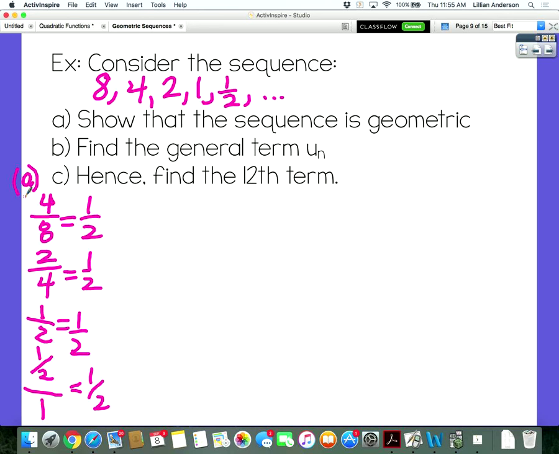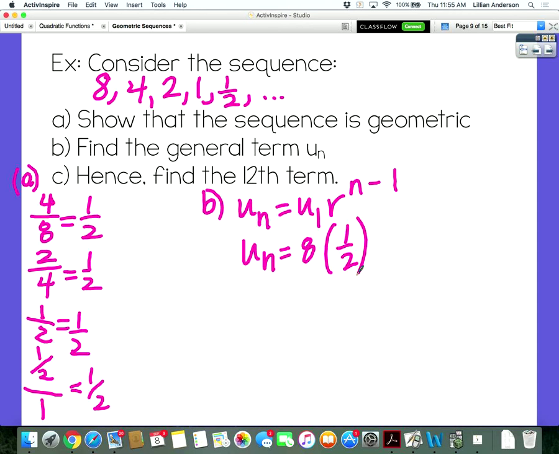Now we have to find the u sub n general term. So we use the formula and we plug in what we know. What's our first term? 8. Our common ratio is 1/2. You can either put that in parentheses or you can put that with the binary x. Do not use the multiplication dot, okay? That's not used in the IB world. Use the binary x.